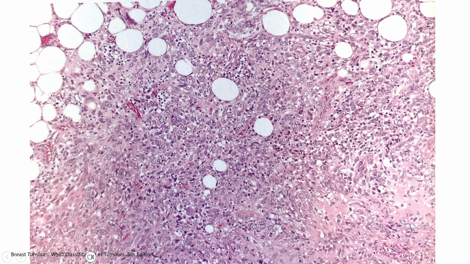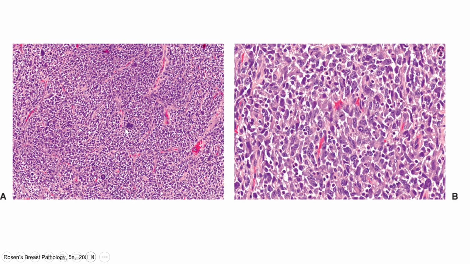We can see some components almost mimic de-differentiated liposarcoma, and then really atypical. We have really ugly cell polymorphism with atypical cells. Here you can see mitosis, and then cells with prominent nucleoli.